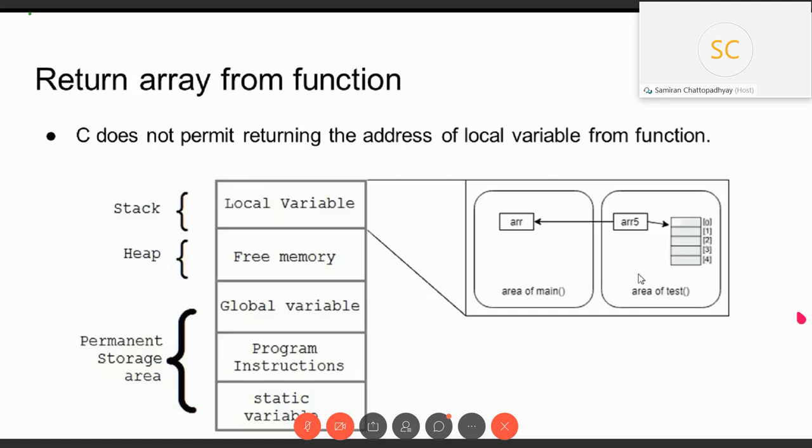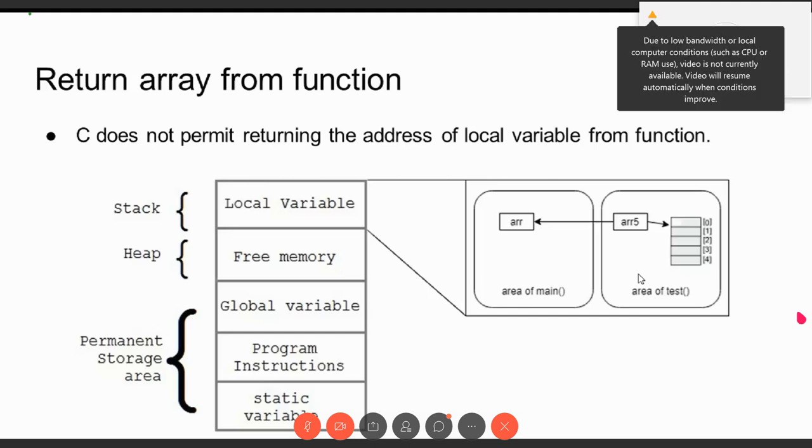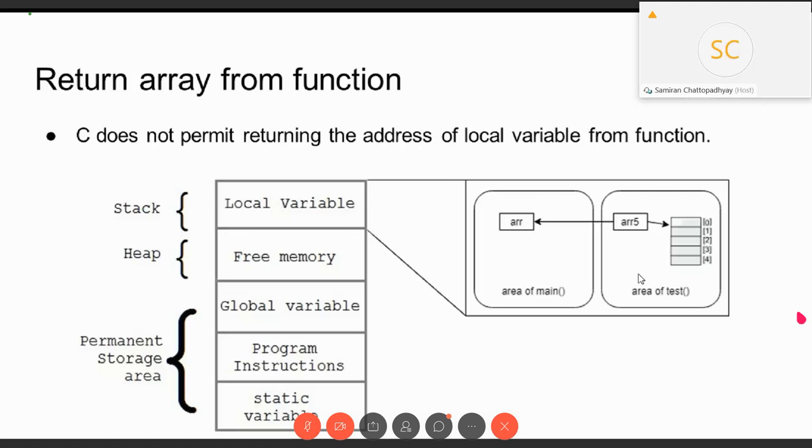Also understand that ARR5 plus 1 is an address. I need the content of that address. So that is the difference between ARR5 square bracket 1 and ARR5 plus 1. ARR5 plus 1 is the address, but ARR5 square bracket 1 is the content of the address.